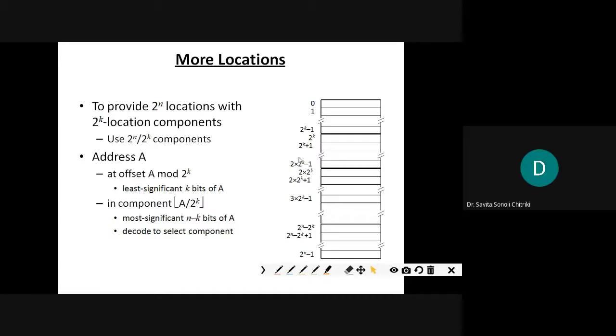We have 16K cross 8. How many do you need? How can you do that? Quickly, all of you draw and show me.